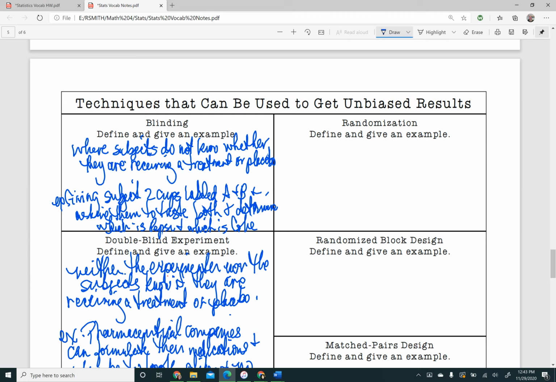Randomization is a process of randomly assigning subjects to different treatment groups.